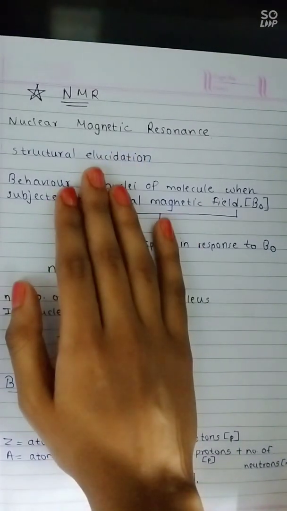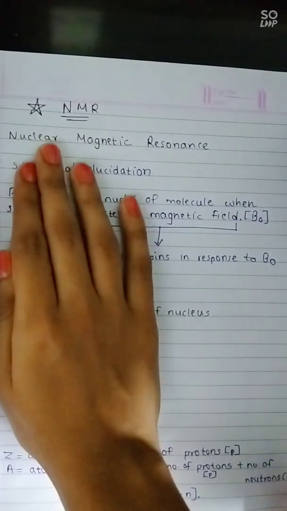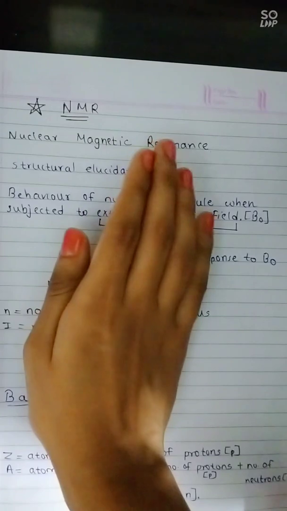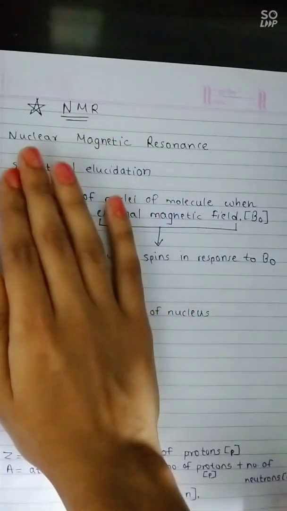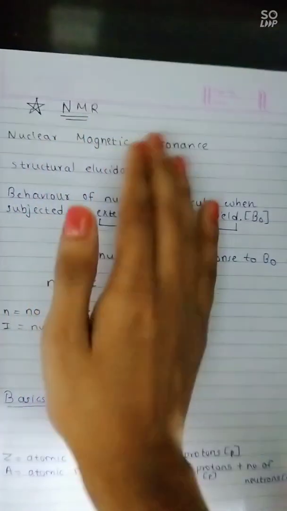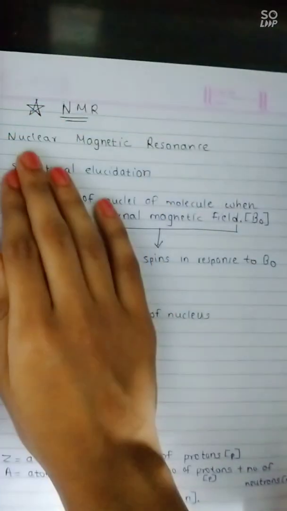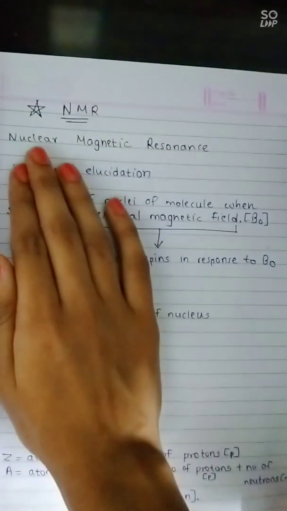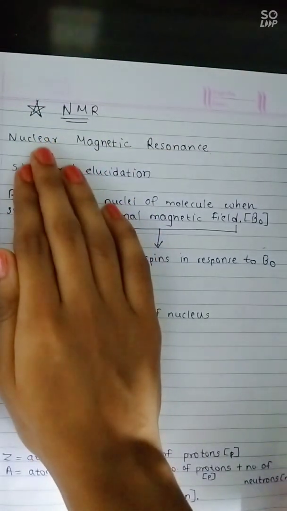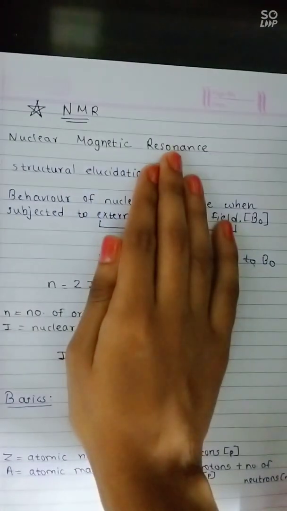What is nuclear magnetic resonance? Nuclear magnetic resonance is abbreviated as NMR. The name itself suggests what it includes: it will include the nucleus, it will include a magnetic field, and then there will be resonance.